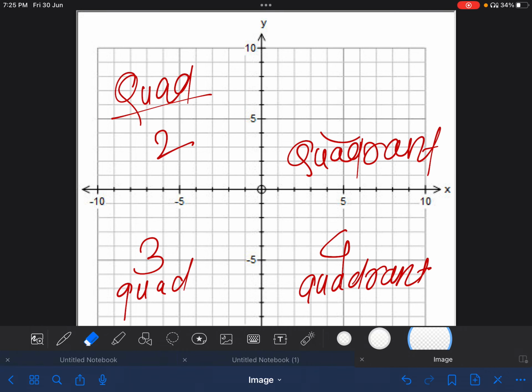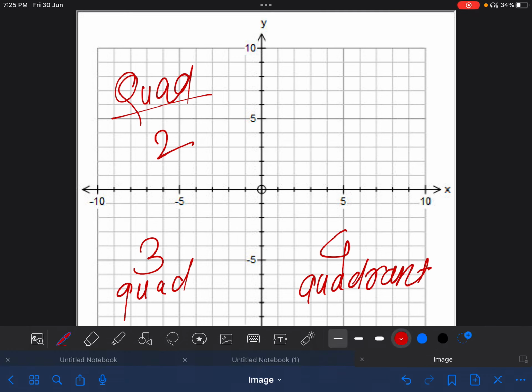So let's talk about the coordinates, what type of coordinates there are, what is the value of the x coordinate, and what is the value of the y coordinate. We are talking about the first quadrant. Let's take an example. In the first quadrant, the values of x and y are always positive.